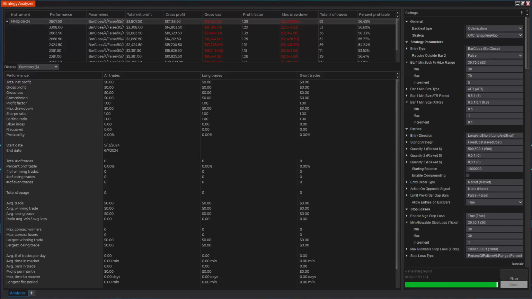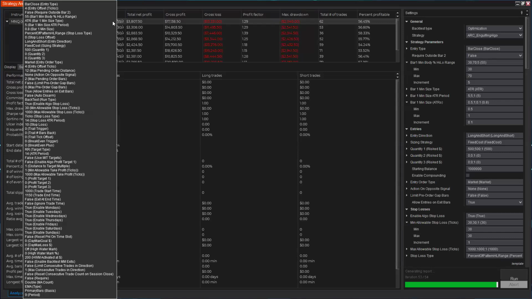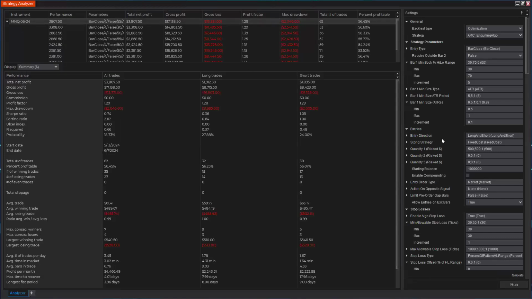All right, so we got it back. 55 was still the number, which is what I already had, because I had started optimizing this when I first got hold of the algo. Bar size still staying at 0.8.